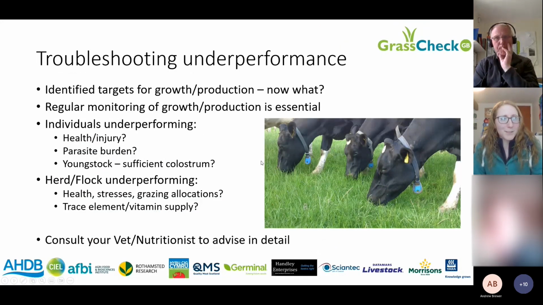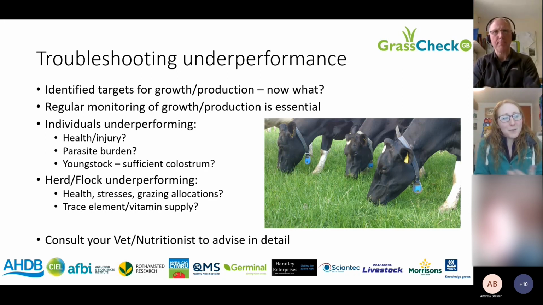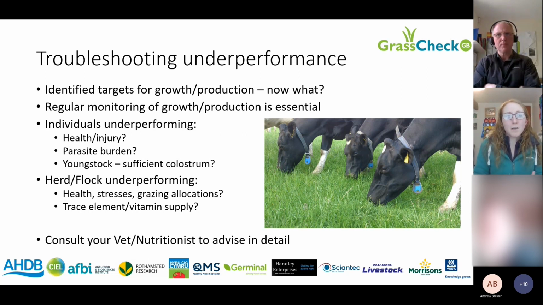And in terms of what these calculators support in real terms, and again, I don't mean to be patronising with this slide because I think this will be familiar to everybody in this meeting: if you've looked at those calculators and you've assessed, well, I've got X quality of grass, and based on what I know from my stock I should be achieving Y production, but actually this individual animal is well under production, or my whole herd is not quite meeting target, there's a couple of key things to be thinking about.